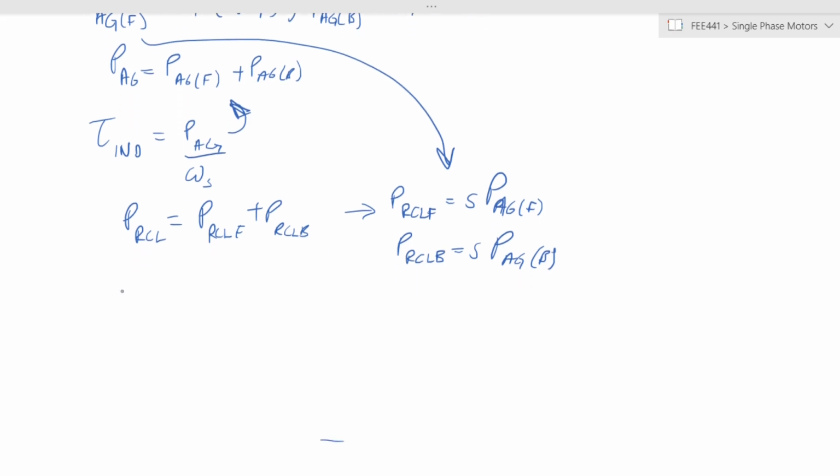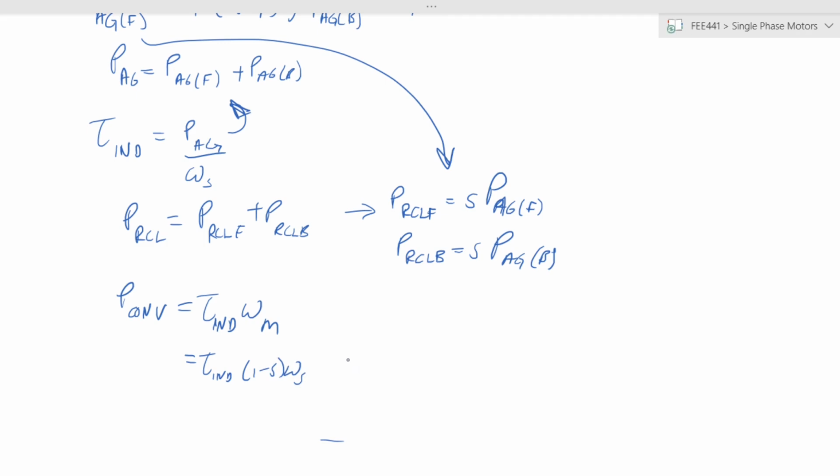And finally, converted power, you can guess that this will also be in forward and backward directions. So it is induced torque times the mechanical speed, which is also equal to induced torque times 1 minus s of the synchronous speed.